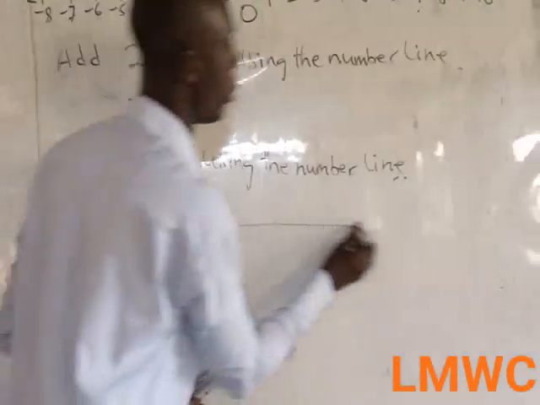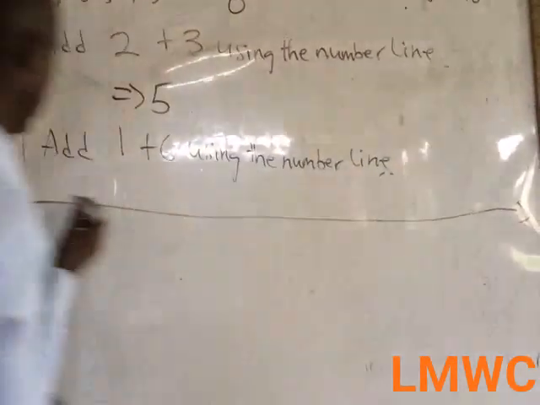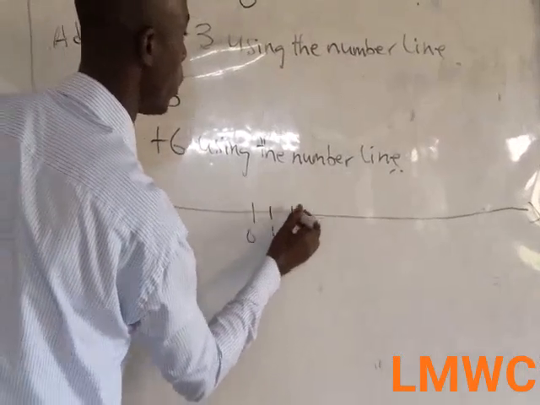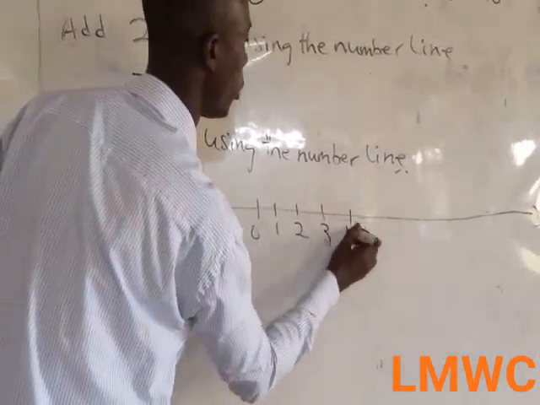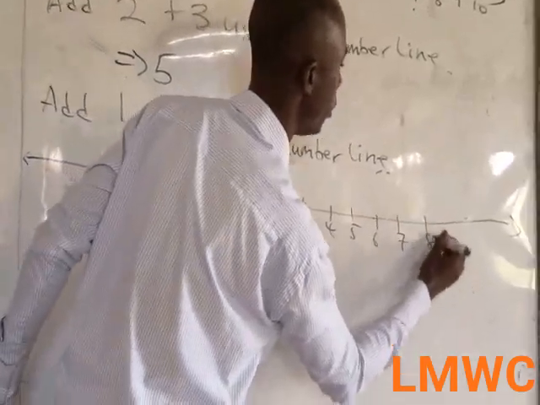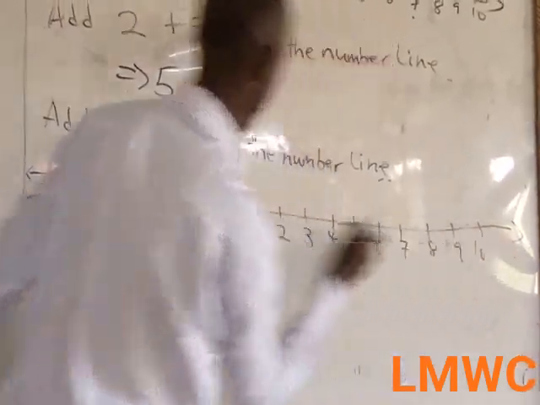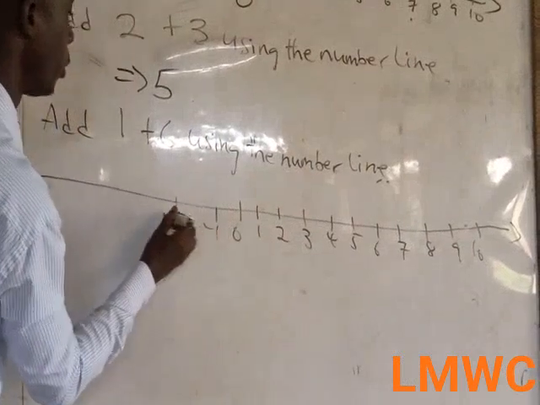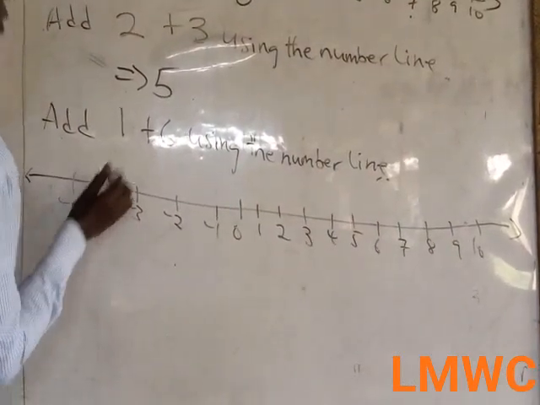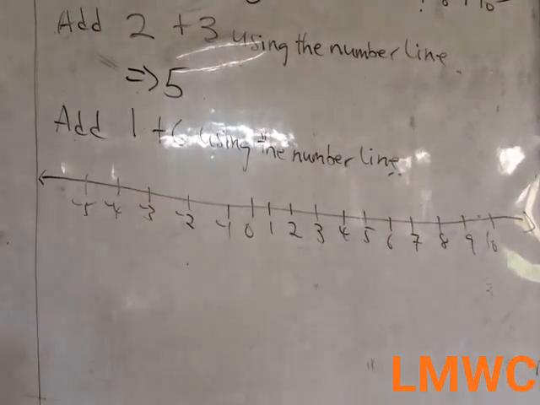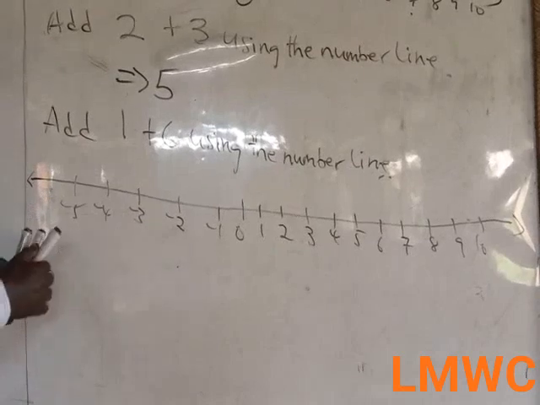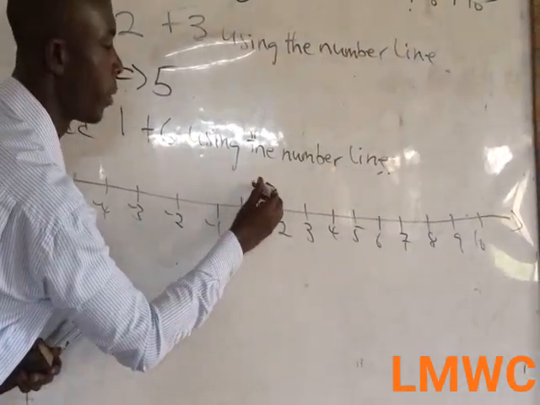Let me draw another one so that we don't get confused. So 0, 1, 2, 3, 4, 5, 6, 7, 8, 9, 10, negative 1, negative 2, negative 3, negative 4, negative 5. Now, what is the first number? The first number is what? 1. We locate our 1 here.